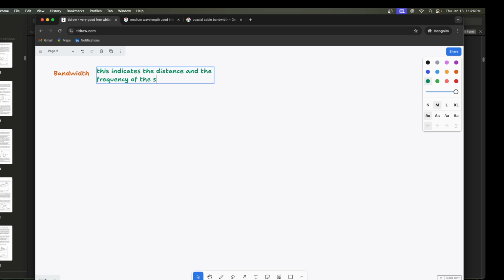So it indicates what is the acceptable latency and the distance of the synthesis bandwidth.